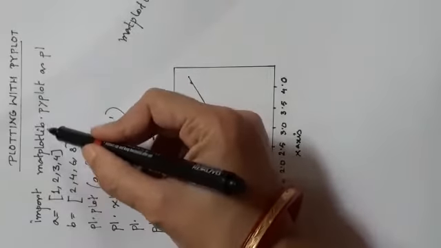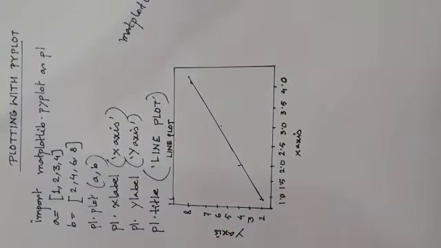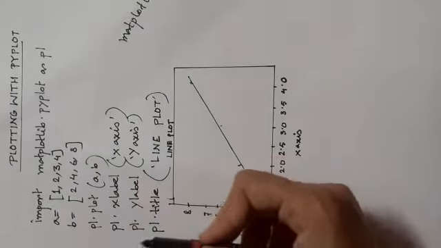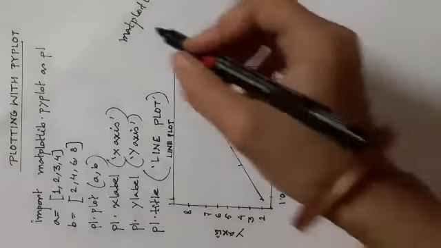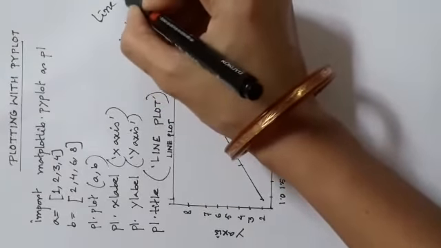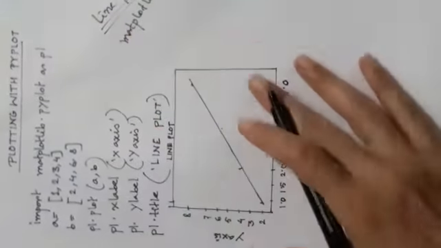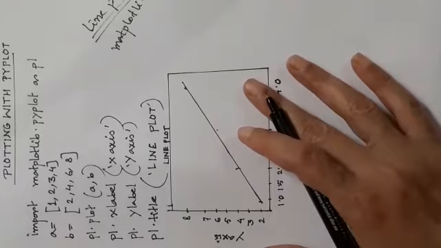So this is the library, and PyPlot is a collection of methods for our 2D plotting. Though I have written one full program for you, through this program we'll learn line plot. How to do line plot, that we are going to learn today. So today our topic is line plot.